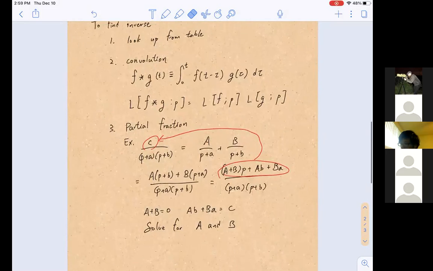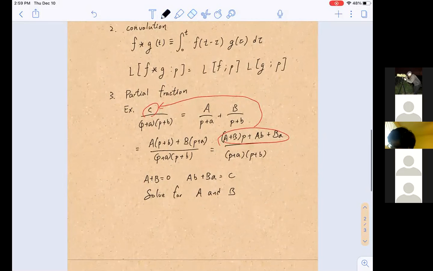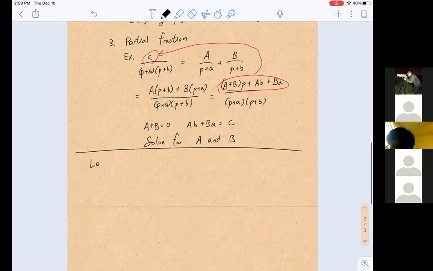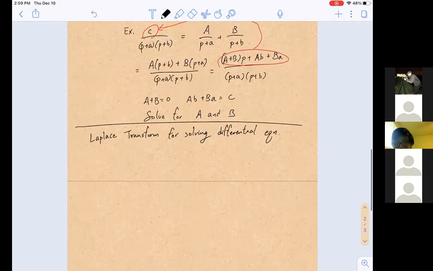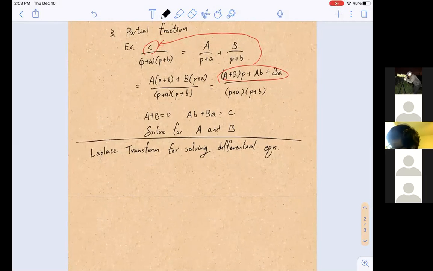Okay, then the next thing is we use Laplace transform to solve differential equations, right? I think that's the main thing that we learned in this class. The type of differential equation we get is usually linear.